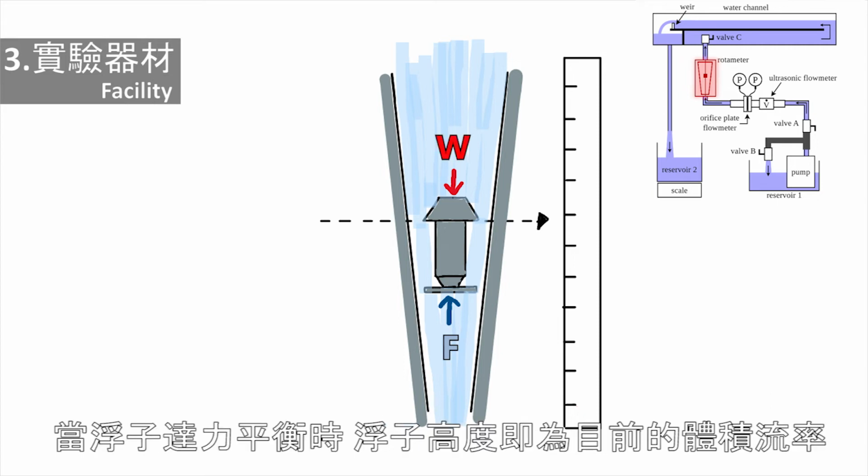When the float reaches force equilibrium, the height of the float will correspond to a certain flow rate. And this flow rate reflects the relative velocity between the flow and the float. And in the meantime, it determines the total drag, capital F, in the balance.